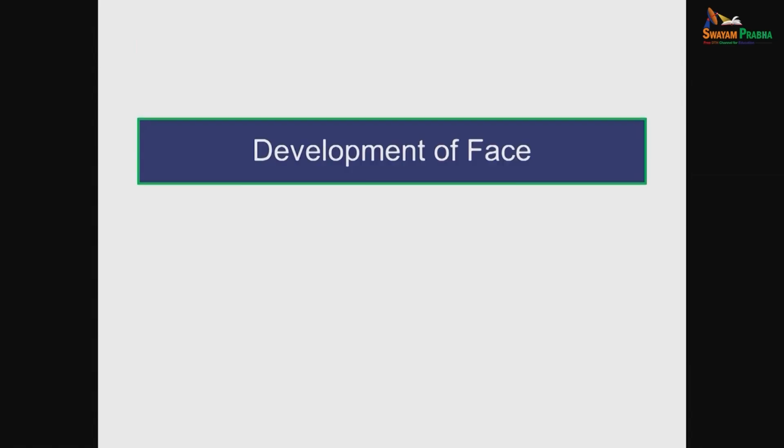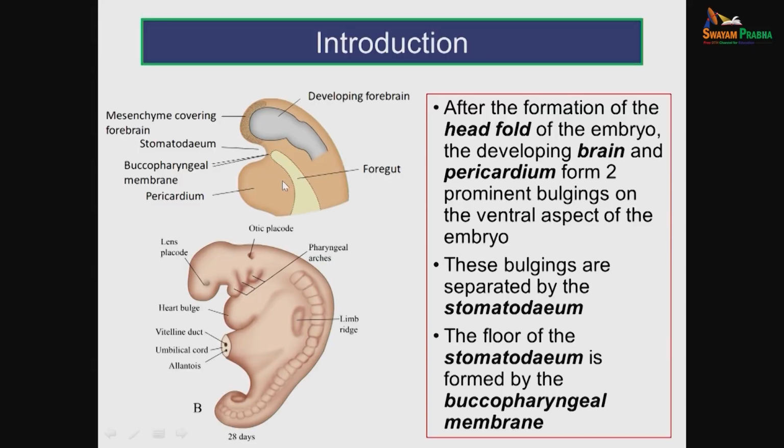First, we look at the development of face. In this picture, you can see that the ventral aspect of the embryo has got two bulgings. One is a bulging brain and another one is a bulging pericardium, separated by the stomatodium, which is the future mouth.